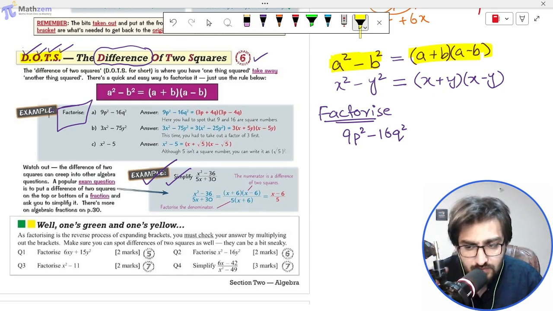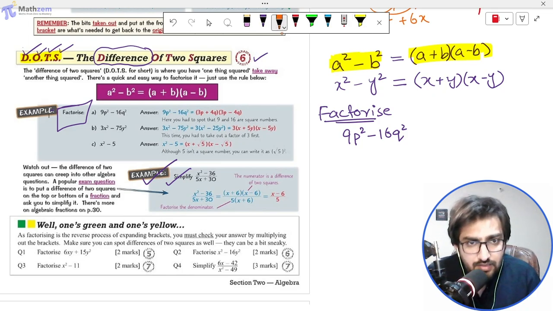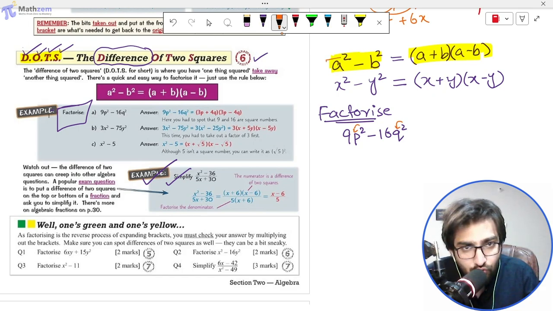But if you read that, you see that the square is only on p, not on 9. This square is only on q, not on 16. But the formula says that the square should be on the whole number. It is a here; the square is on a.